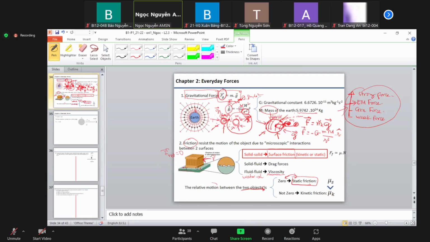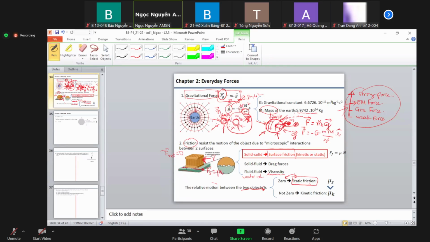It means there must be another force acting on the block, opposite to the force you act on it. So here is the static friction, opposite to the force you're acting on the block. You understand it?